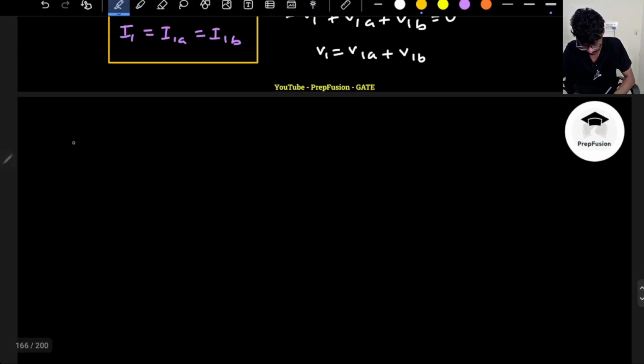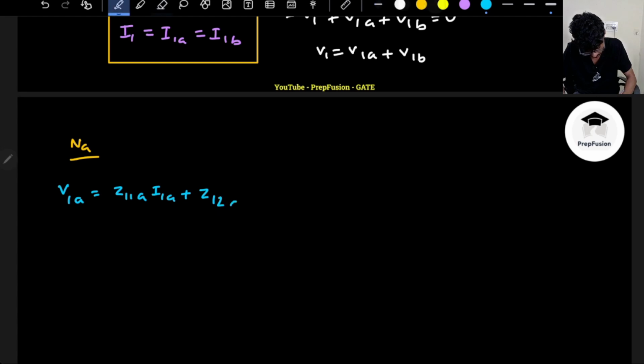For network A, the equations are as follows: V1A is equal to Z11A I1A plus Z12A I2A, and V2A is equal to Z21A I1A plus Z22A I2A.